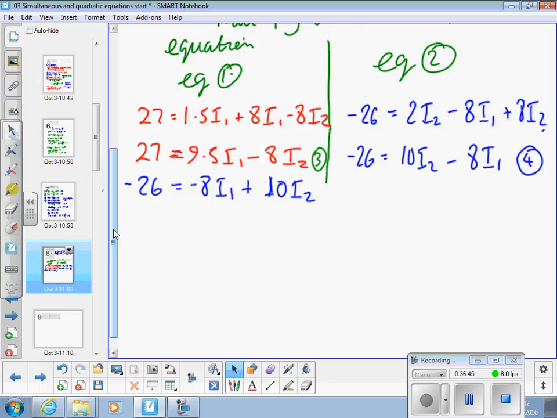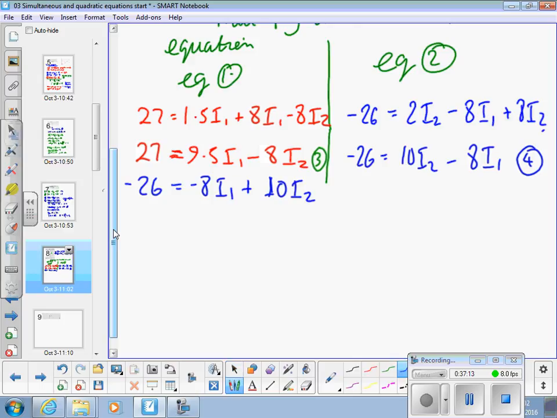Which one would you choose here? I'll choose I2 because both the coefficients are whole numbers with no decimal, where you've got a 9.5 in front of I1. Also, we've got two coefficients, one positive and one negative.